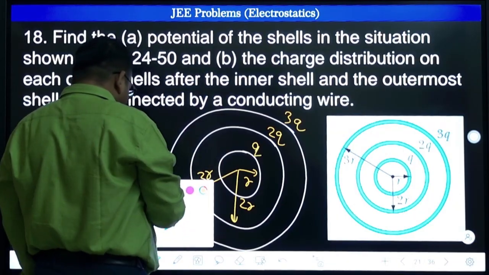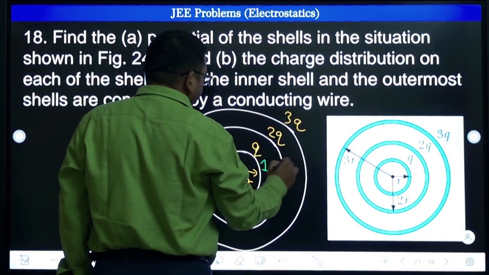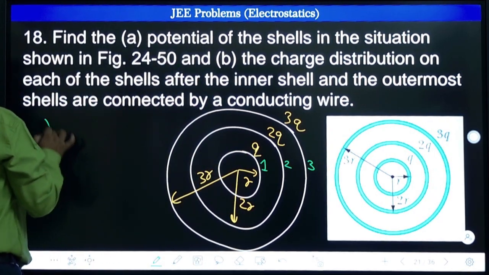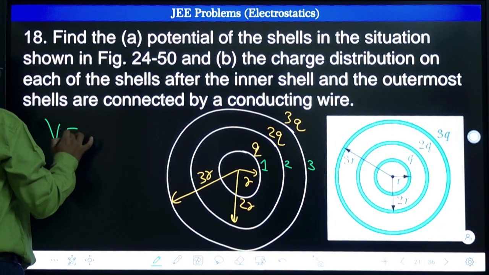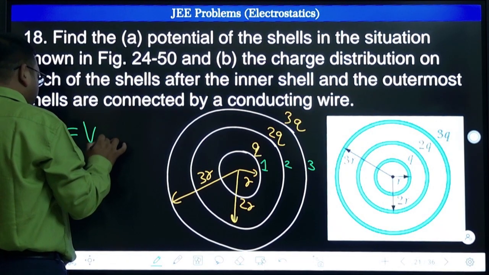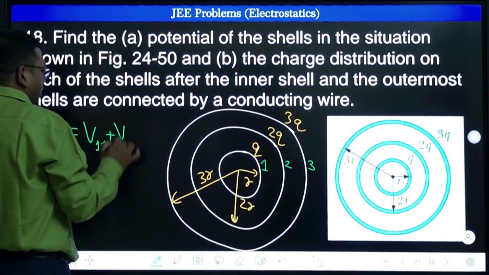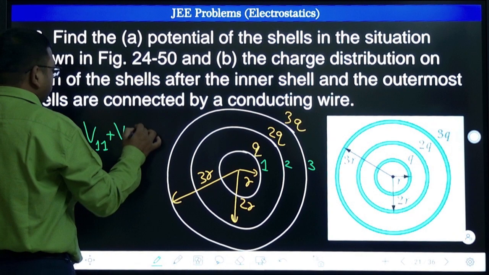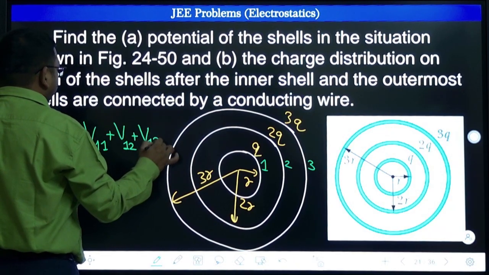Let us note that this is the first cell, this is the second, this is the third. So how to calculate potential of one? We discussed that. To calculate potential of one, the potential at this will be created due to its own charge, plus potential at 1 created due to the second, plus potential at 1 created due to the third.